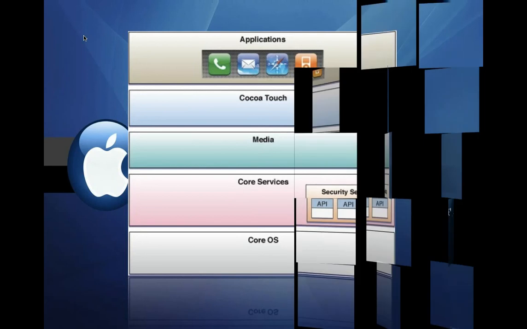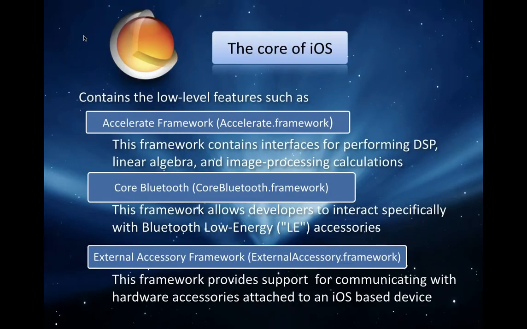Okay, and then look at this. We'd like to see what things are available in each layer. As I said, each layer contains frameworks. I listed a few frameworks here. Hardware related things, as I said: camera, some motion related, some Bluetooth related, and some device core related.